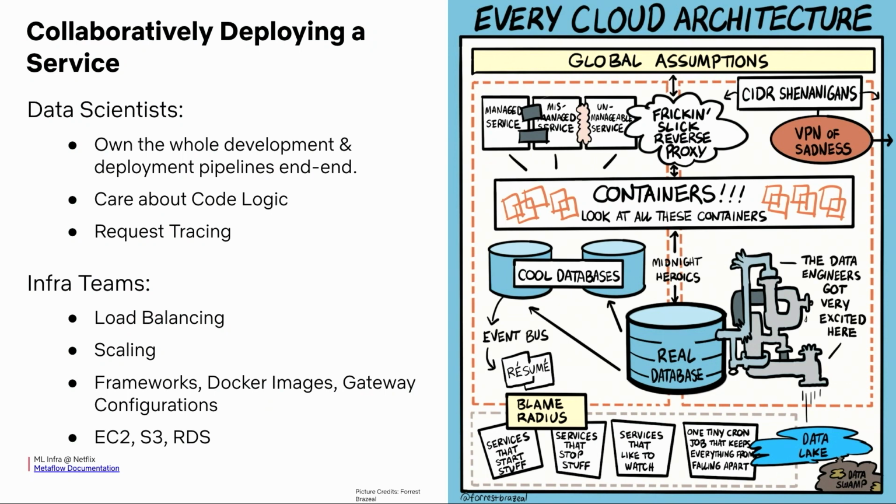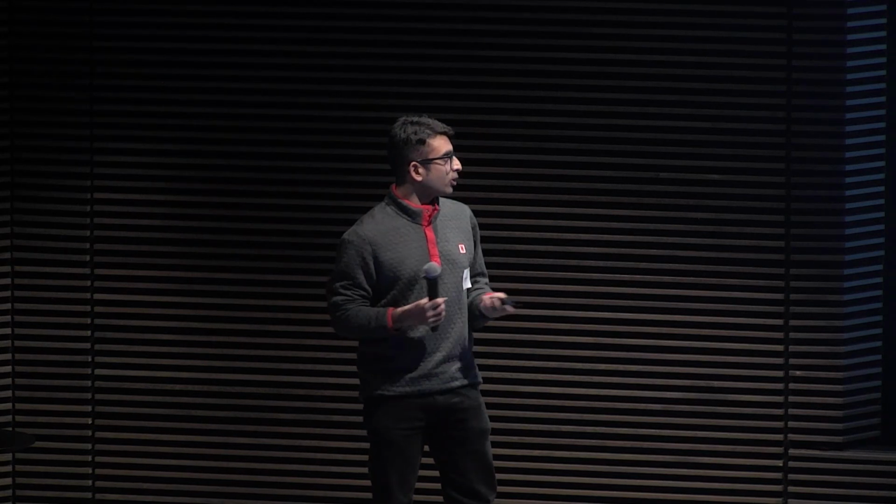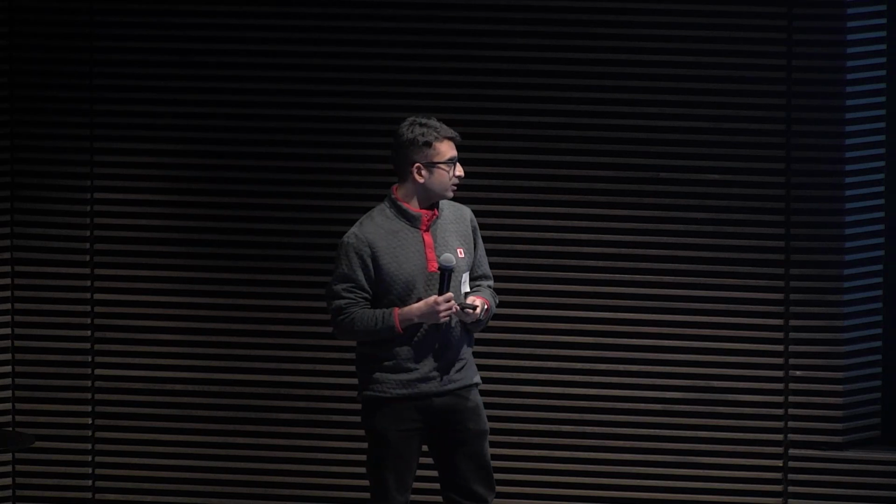And there's also your good old data lakes, which sometimes leak and lead into a data swamp. But the point is that as a data scientist, you don't want to interact with all of this. All you care about is training a machine learning model, writing some simple code, and then when you deploy a model, you want to do some request tracing and be able to debug your model easily.